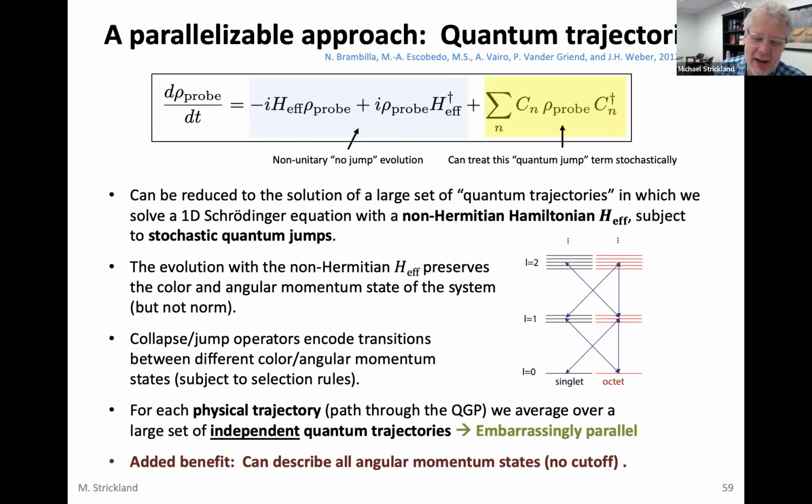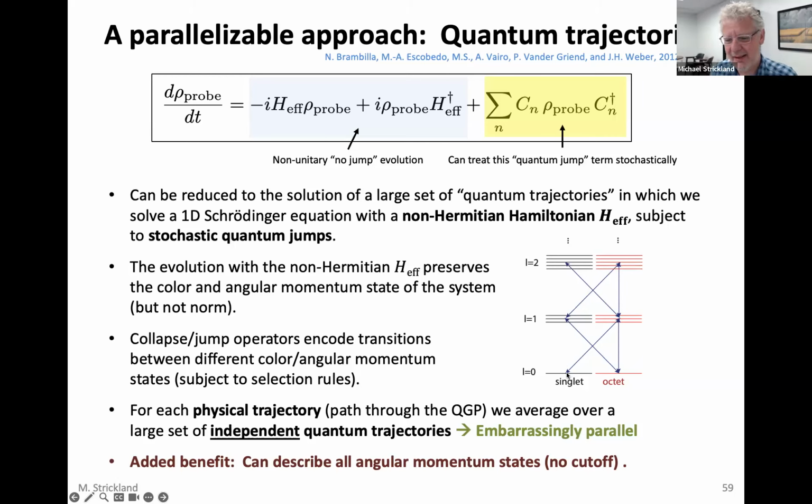I pick a random number between 0 and 1. Let's say that number was 0.5. I then evolve using the blue term here until the norm squared of my wave function drops below 0.5, because this is the non-unitary evolution. When that happens, I trigger a jump. So then I jump over to this term and I need to jump to a different state. But I don't know which state necessarily.